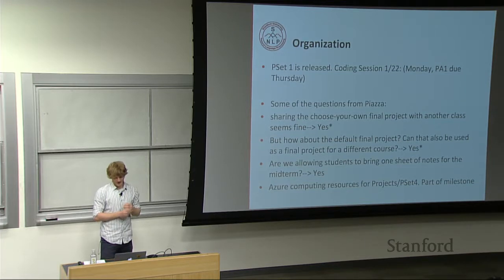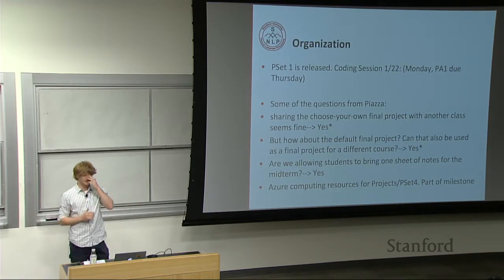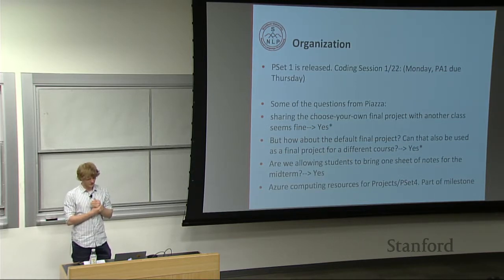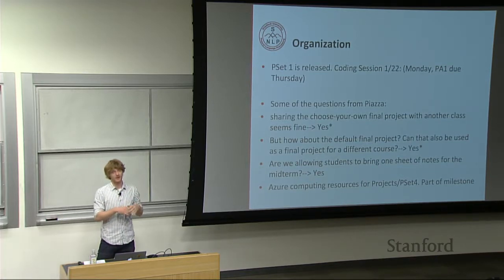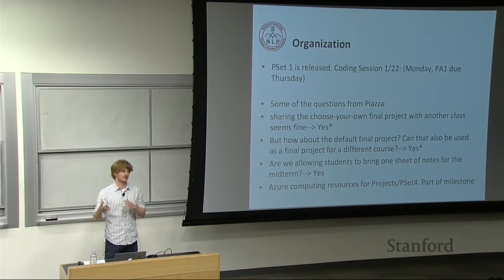And then Azure computing resources, we already got some questions too, which I like. People are thinking forward about this. We'll basically make sure those are available for your projects. And for problem set 4, you don't really need it for the first 3 problem sets. They should be possible to run on a laptop. We will make sure that once you hit the milestone, by that point, in both pset 4 and the final project, regardless of which one you choose, you should have run your first experiments in the cloud.